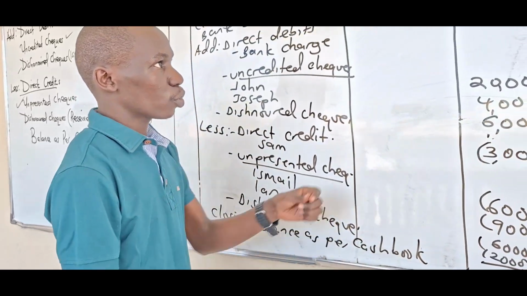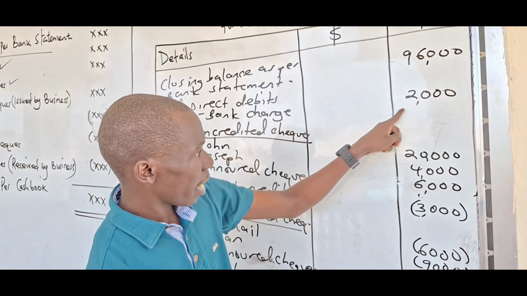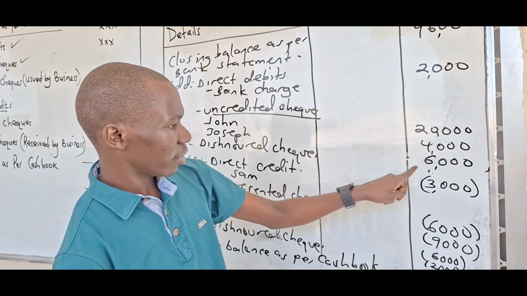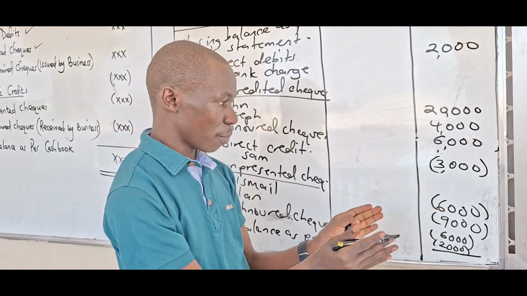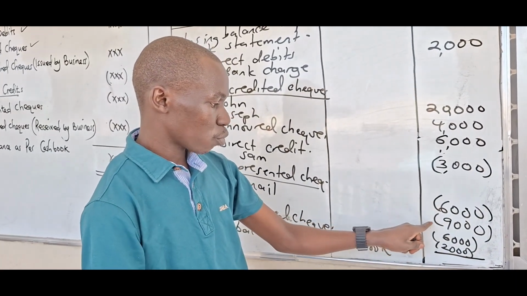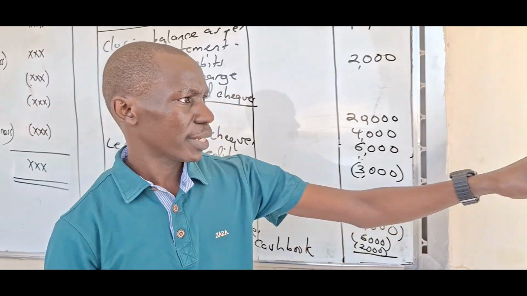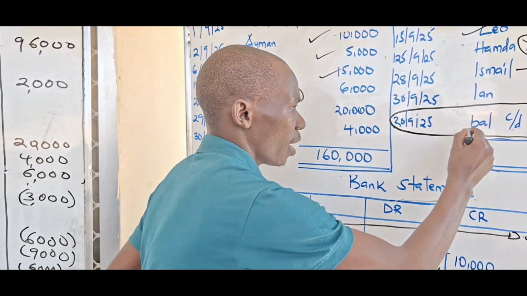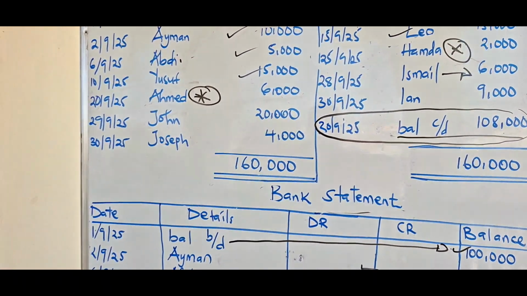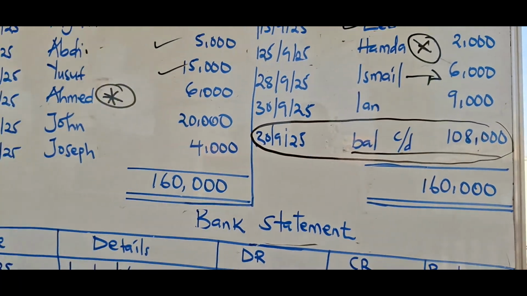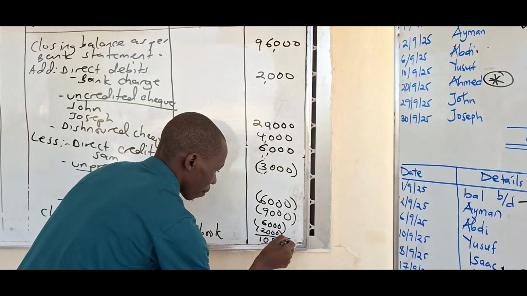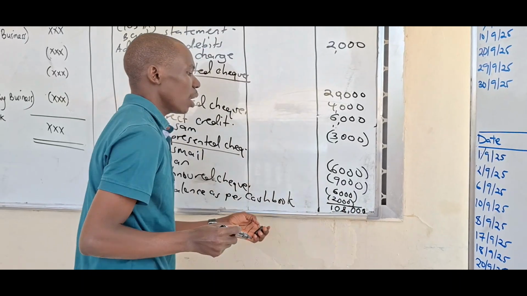So we expect when we add this, then you subtract the bracket. Of course, I told you last time we are subtracting. Subtract this, you get your closing balance as per cash book, which is 108,000.